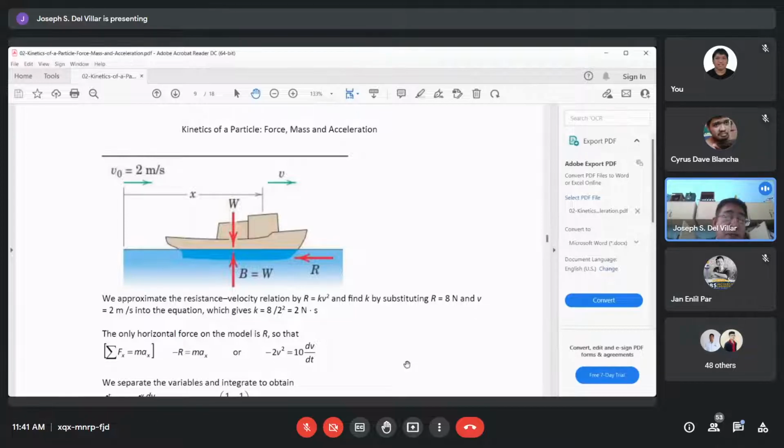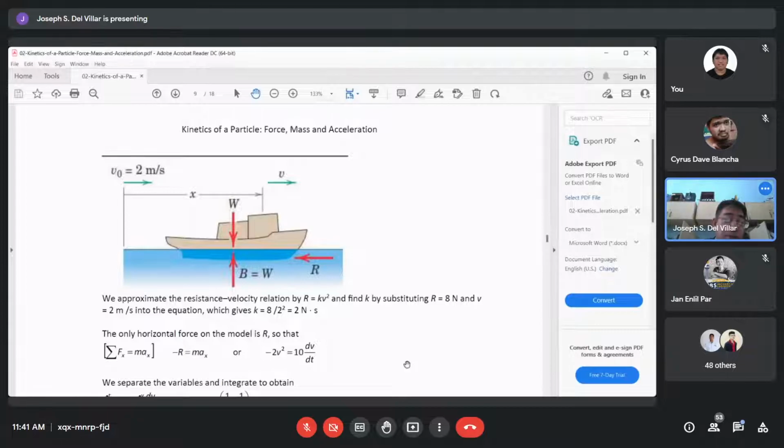Because if there were no buoyant force to counter the effect of the weight, the boat would sink. So there must be a buoyant force equivalent to the weight of the ship.